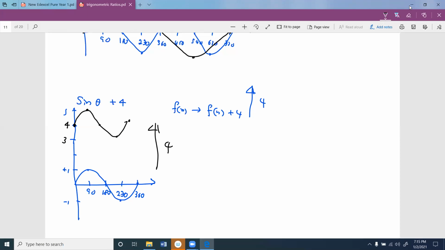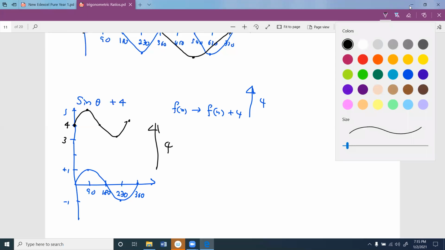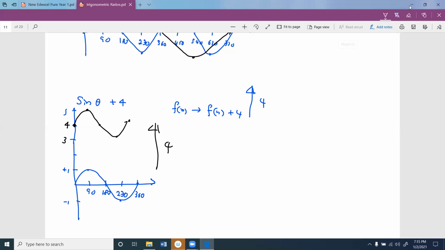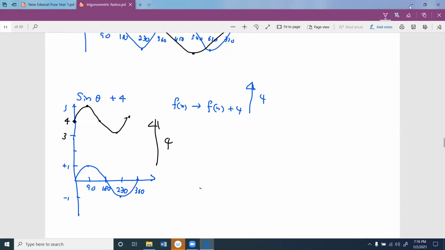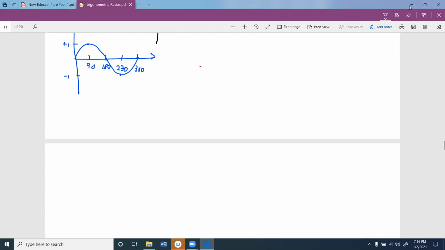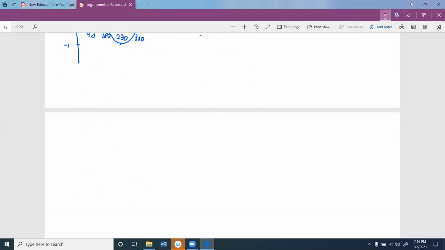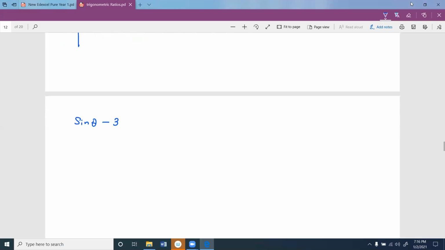Yeah, let's go to the next transformation that we should know. Yes. The next transformation is sine theta minus 3. Right. Initially, again, I'm using the same technique.